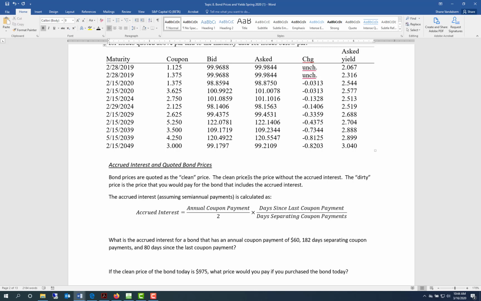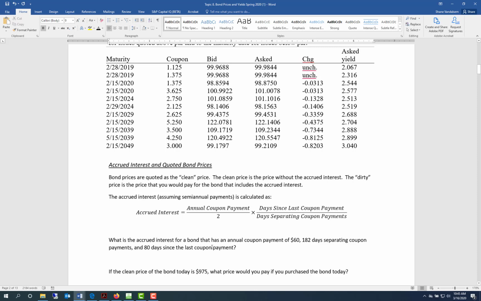When I buy the bond today, the other investor I'm buying the bond from is not going to receive that interest for the previous 3 months, because I'm going to get the entire 6 months worth of interest whenever I receive the coupon payment at the end of the next 3 months.